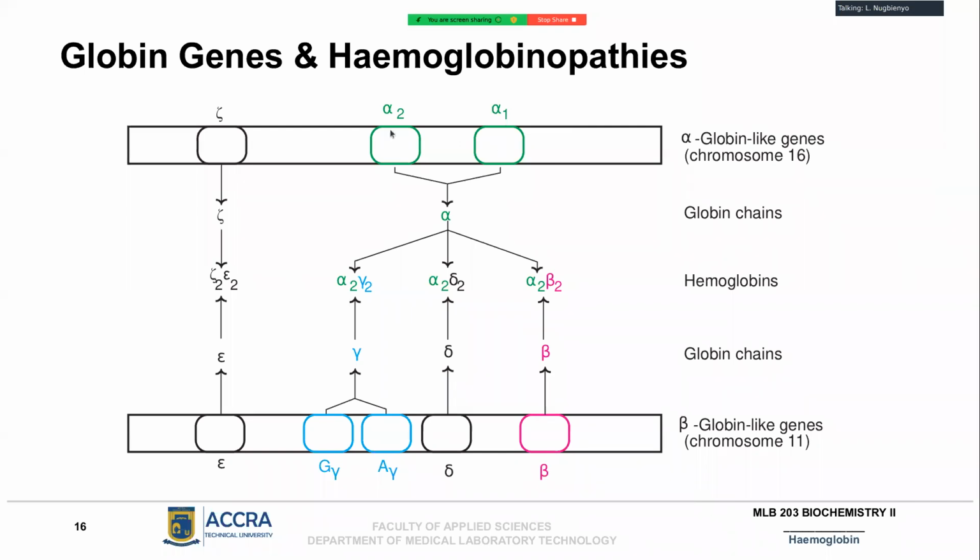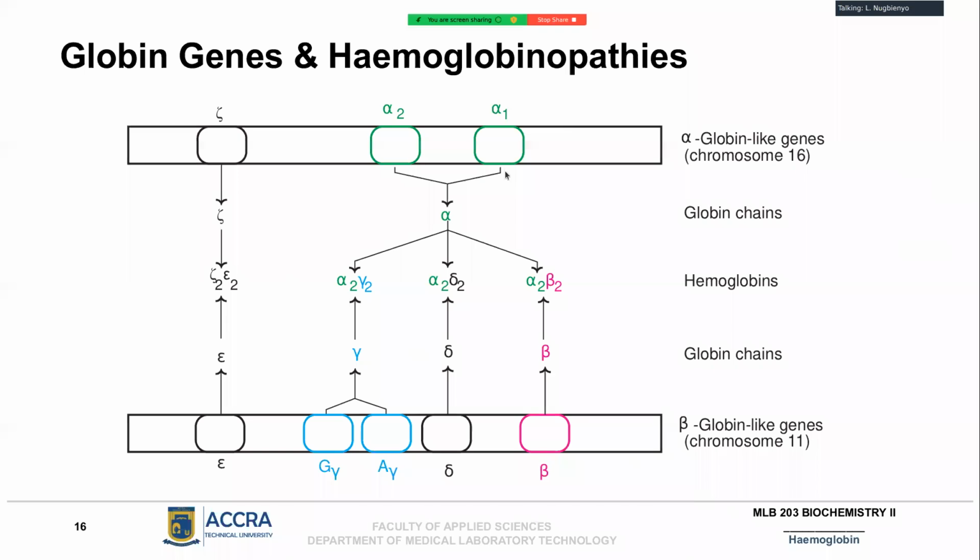So we have the alpha 1, the alpha 2, and then of course this is epsilon, and this is zeta. You'll find these in the fetus. You don't find this in adults. In very small amounts, you'll be finding the zeta.